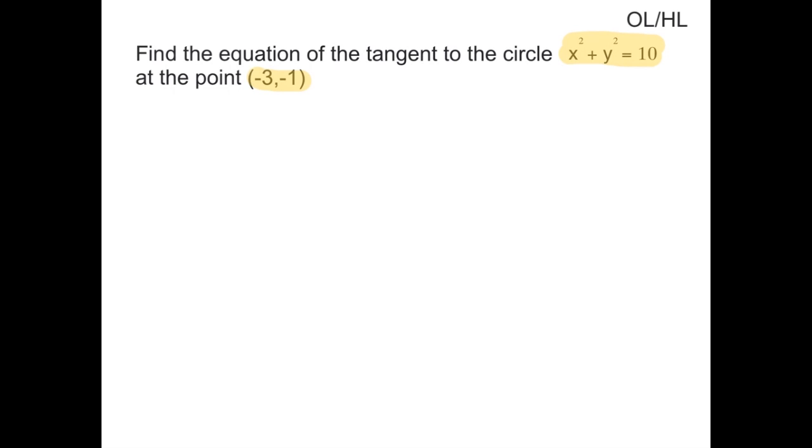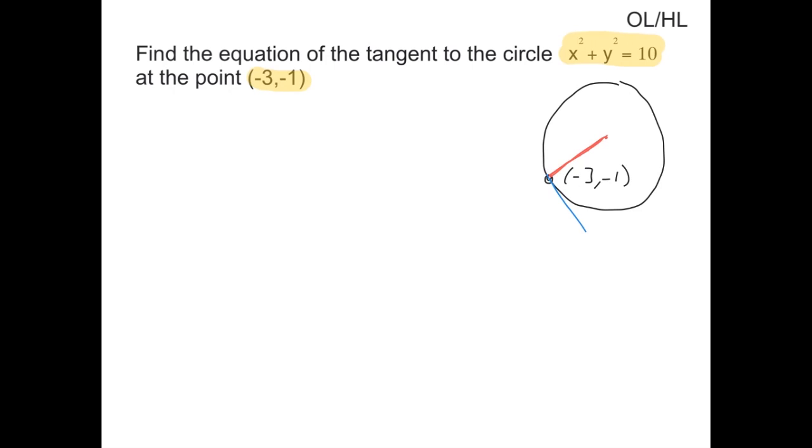So first, if we just draw ourselves a little picture to get an idea of what we need to do, we'll have our circle, and our point, say, is here at minus 3, minus 1. We will of course have a line which goes from the center of our circle to this point, and then we will have our tangent line which is perpendicular to that.